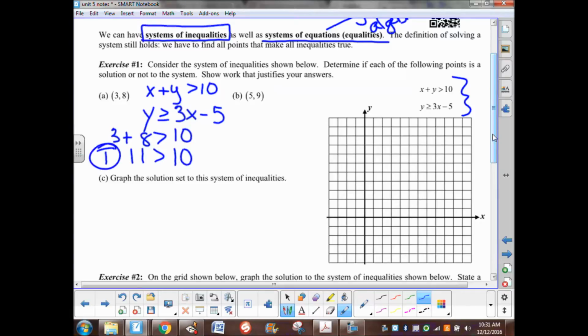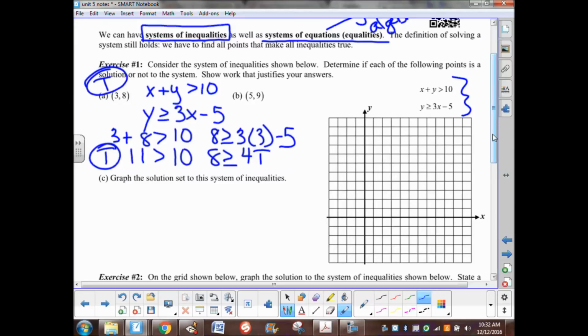And you certainly know that that's true. So if I take that same point and substitute it into the second inequality, I end up with 8 is greater than or equal to 4. And that's absolutely true.